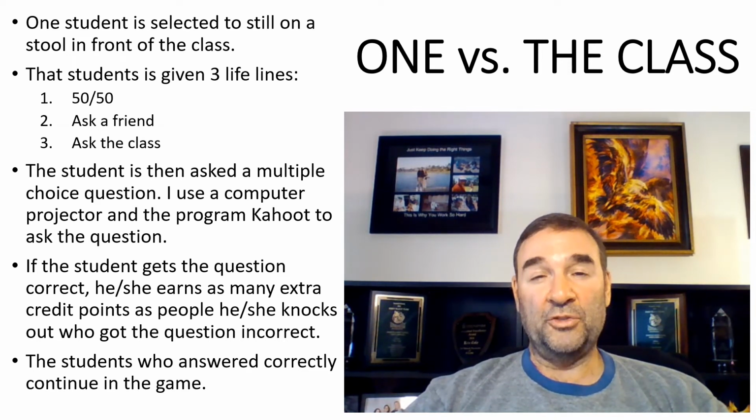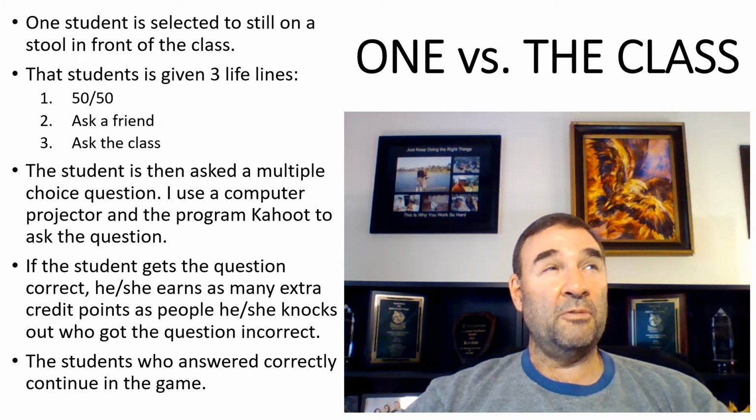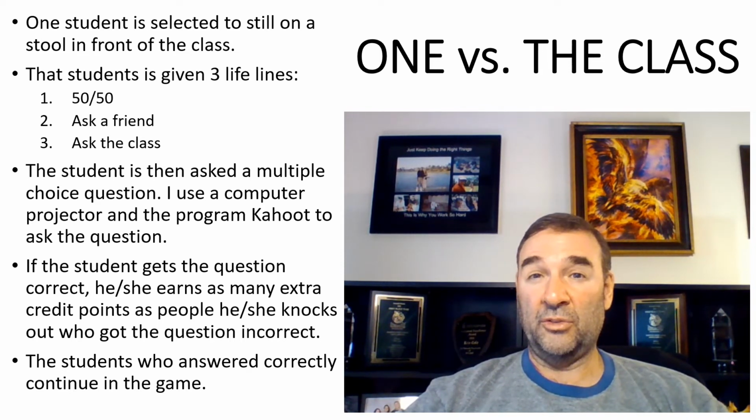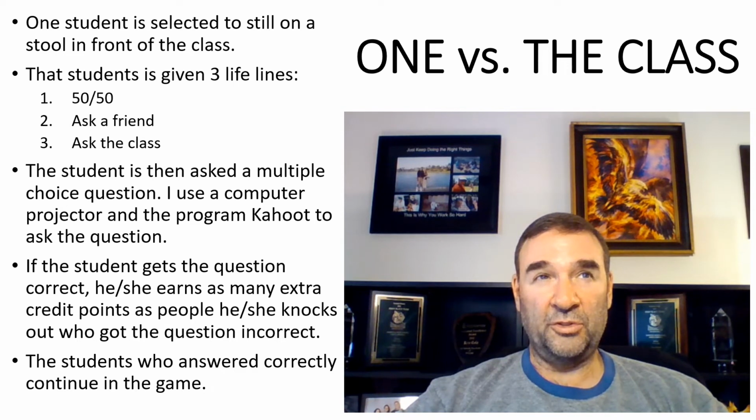Now, for the students who are still competing, at this point we've knocked out, what, 11 students? So there are still a fair number of students competing. Typically the student will continue. If they don't, they can walk away with their extra credit, and you decide amongst the students who are remaining in the game who's going to go up in front of the class.